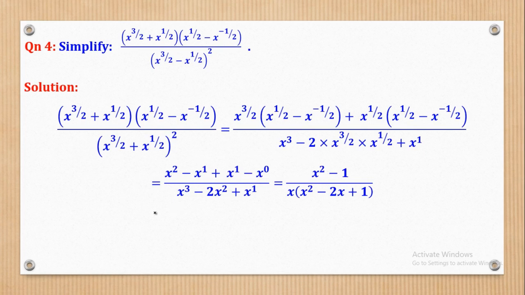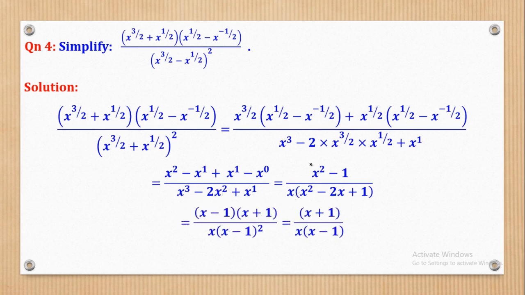What about the denominator? Denominator, you will realize that x is common, so you factorize out x. This will remain x squared, this will remain negative 2x, and this one will remain 1. Now for the numerator, there is difference of 2 squares. So difference of 2 squares gives you this difference and addition.